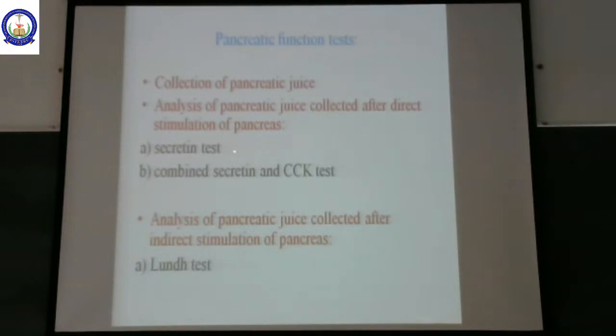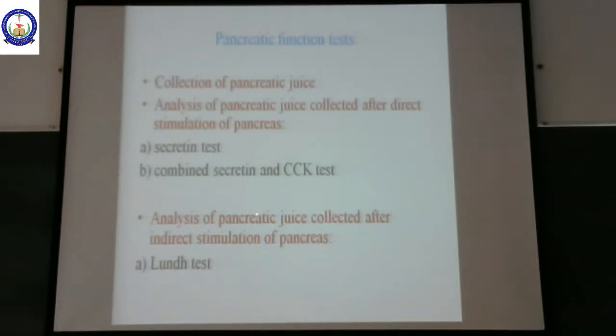We do two tests called the secretin test and the combined secretin and cholecystokinin test. We inject secretin hormone and see how much pancreatic juice secretion will be increased. One more is we inject secretin and cholecystokinin and see how much pancreatic juice is going to be secreted.